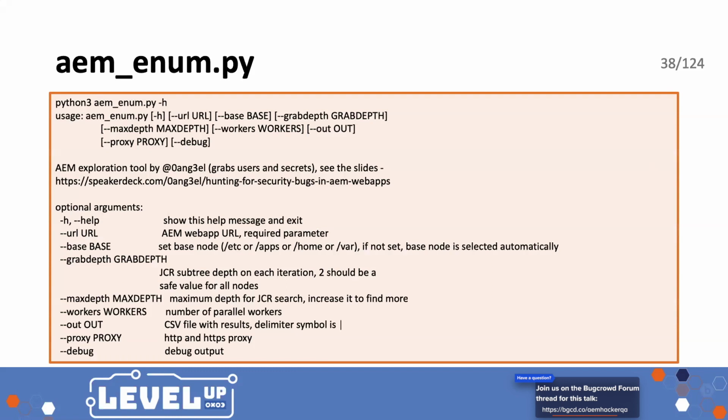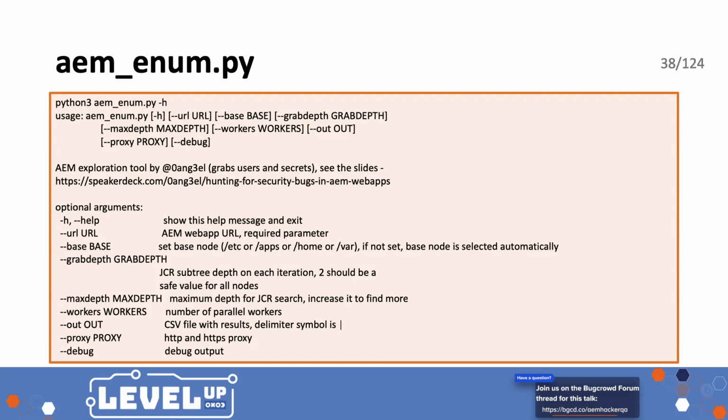With the grab depth parameter, you can specify the depth of the subtree that is fetched in each iteration. It affects the speed of the tool, but you can't specify arbitrarily large values. If the value is too large, AEM returns an HTTP 300 response without actual data. The max depth parameter specifies the grabbing depth.